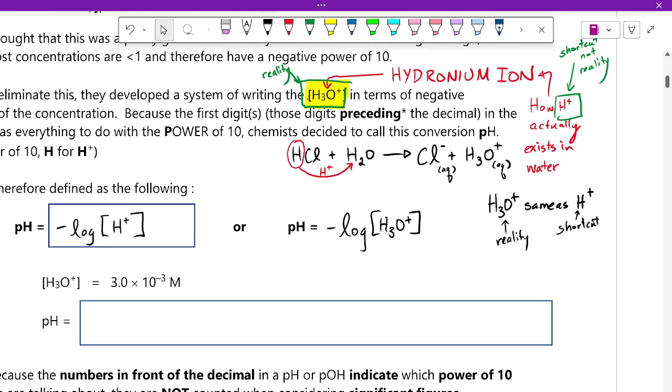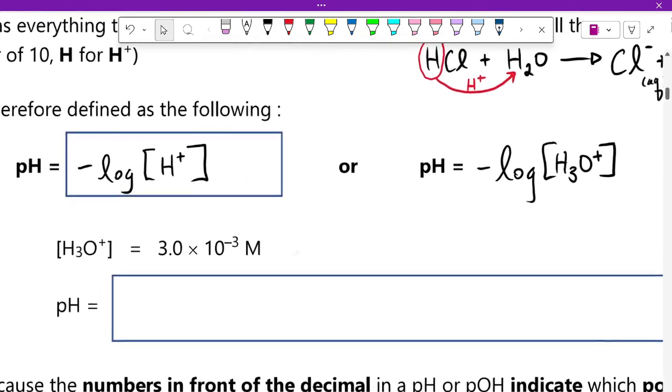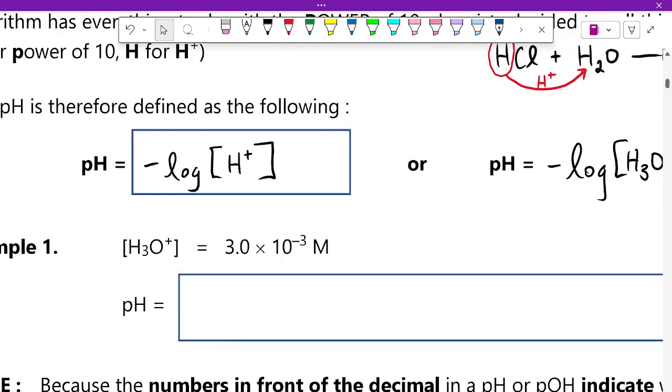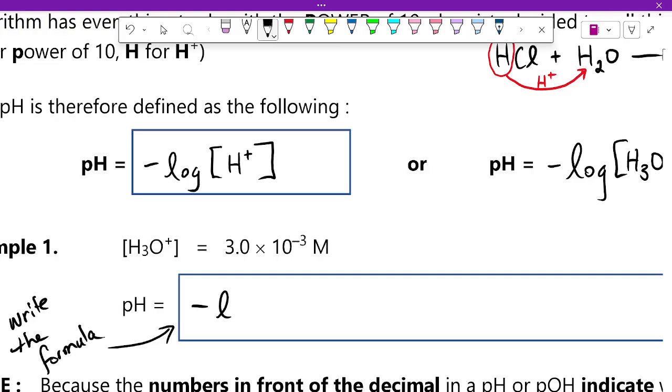So we are told that hydronium ion is equal to 3.0 times 10 to the negative 3, and we can then calculate the pH. When you're doing this, you should write the formula. Okay, so you're going to write pH equals negative log.